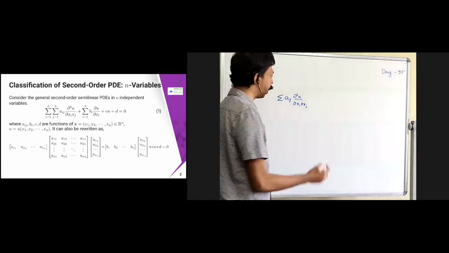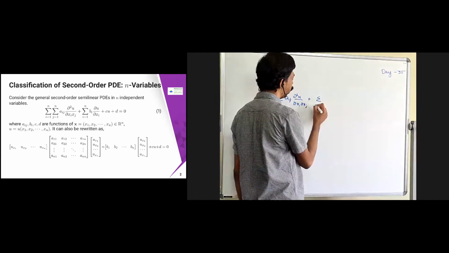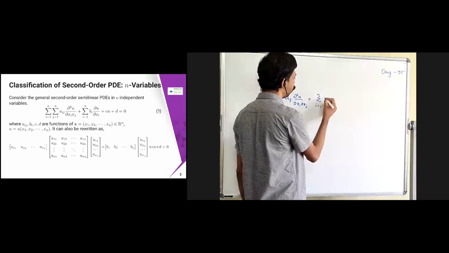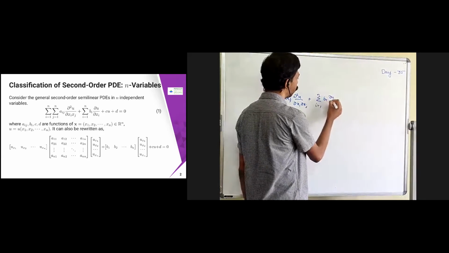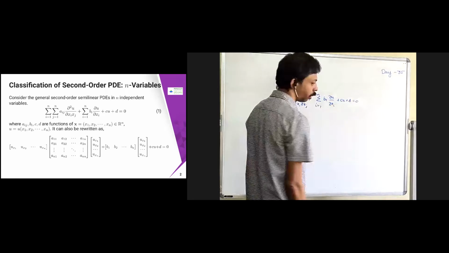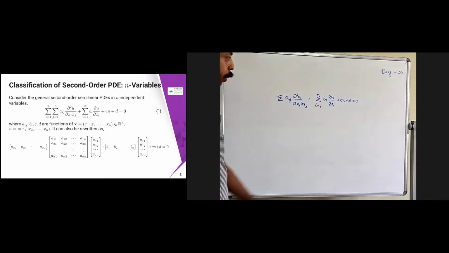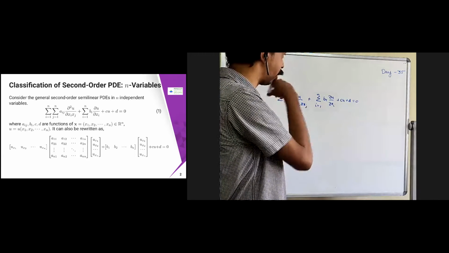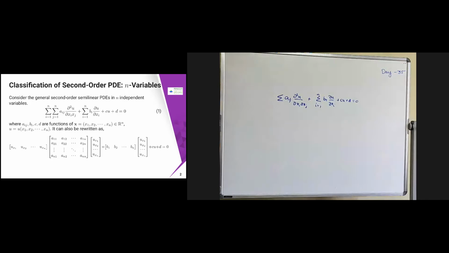Plus, summation i equal to 1 to n of bi into dou u by dou xi for the first order terms, plus cu plus p equal to 0. So this is the general form. You can put the constant term on the right hand side, so that it becomes homogeneous or non-homogeneous, etc.